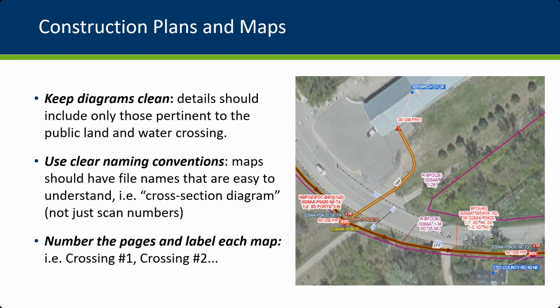Maps and plans should have file names that are easy to understand, such as cross-section diagram, full route map, profile view, for example. Finally, number the pages and label each map, such as crossing number 1, crossing number 2. This information should also match the ULA application.